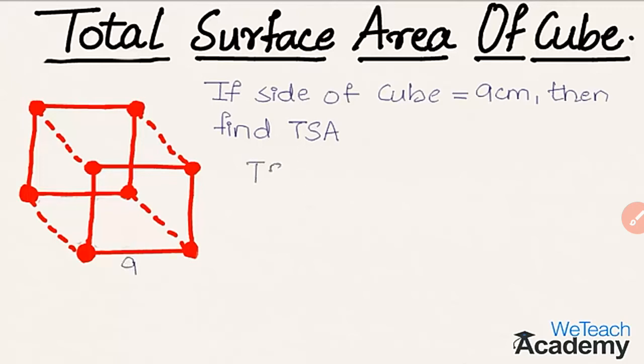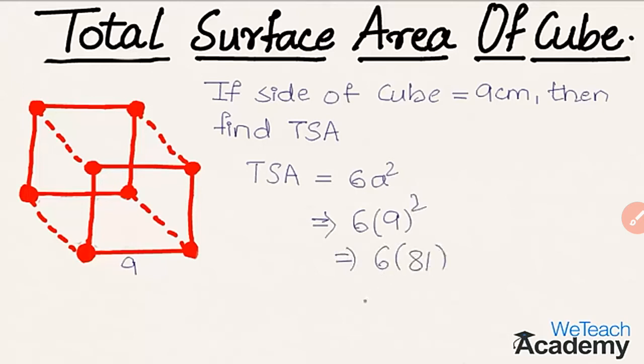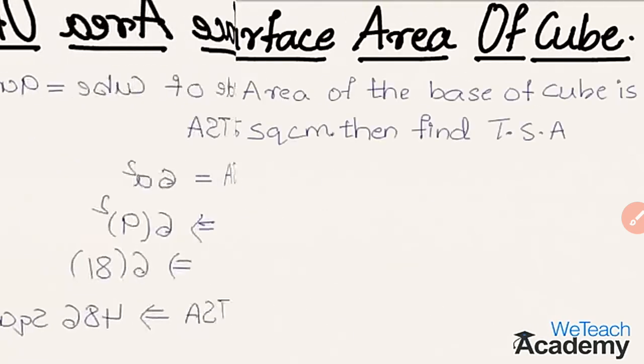As all the dimensions are equal, it will be given as side. So TSA of a cube is equal to 6A square, where A stands for the side. So 6 into 9 square, because the side given is 9. 9 square is 81. So 6 into 81 is equal to 486 centimeter square. Because the side is given in centimeters, the area is written as centimeter square.